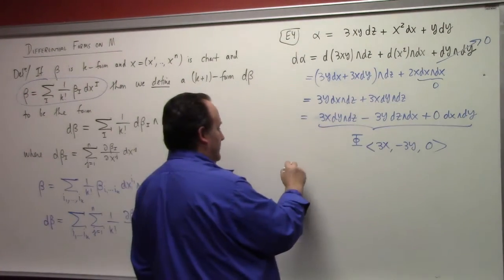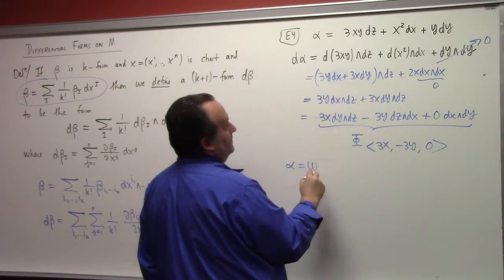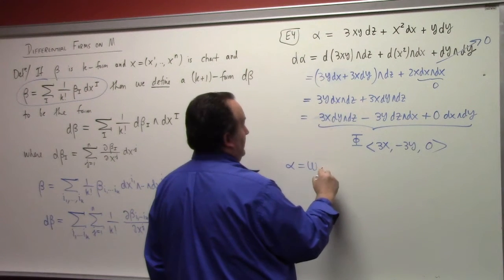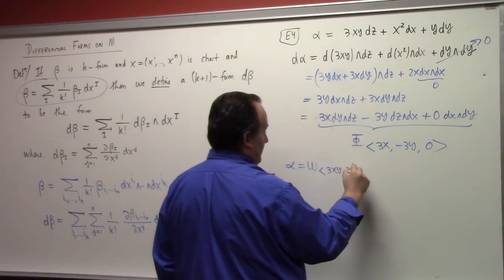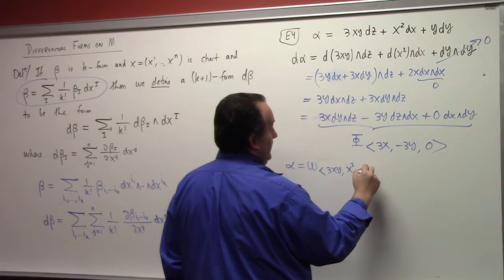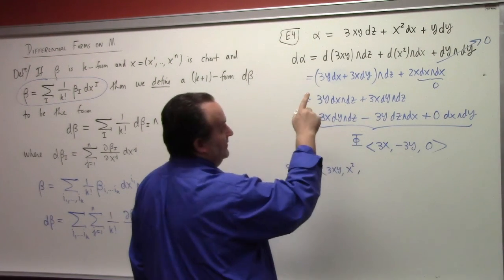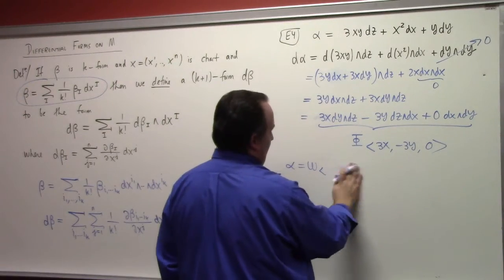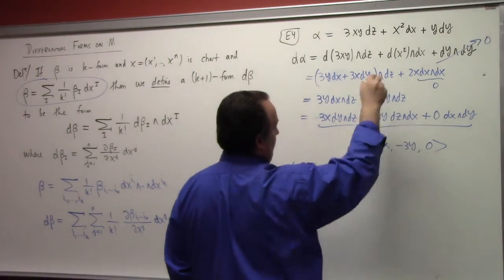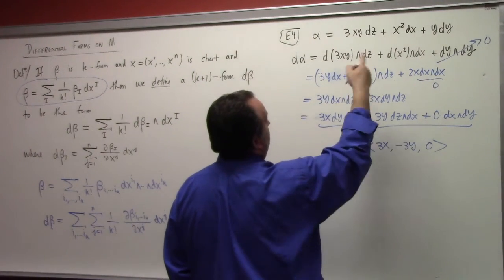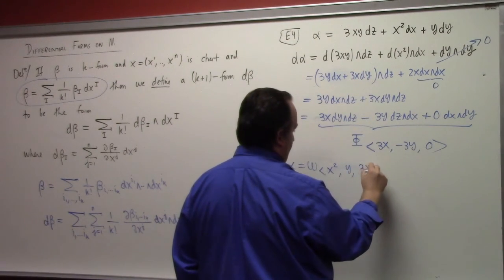And alpha was actually the work form of the vector field 3xy, x squared, and, oop, my bad. I gotta do it right. Put things in order here. The first one was x squared. The y component was y. The z component was 3xy.